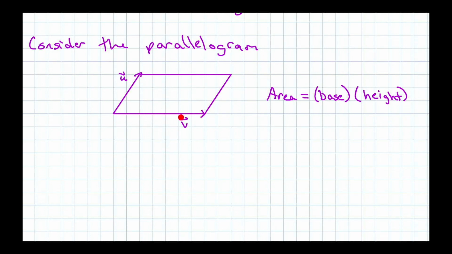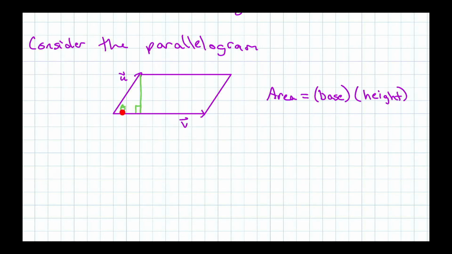What's the height of a parallelogram? Well, you have to measure from the base at a right angle up to the top side here. That's how you measure the height. So you could measure the height here, for example. That would be the height. And you can calculate the height in terms of this angle.